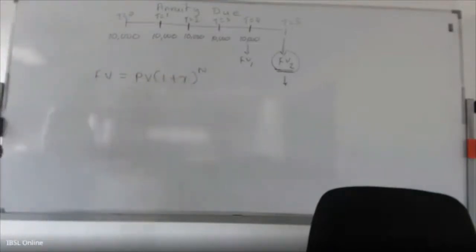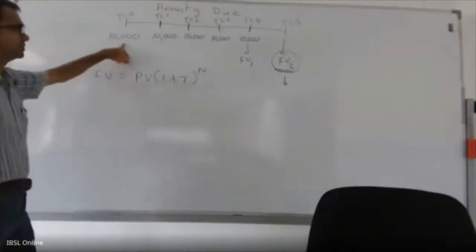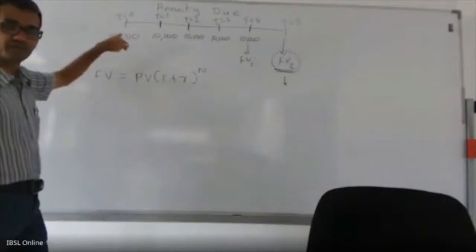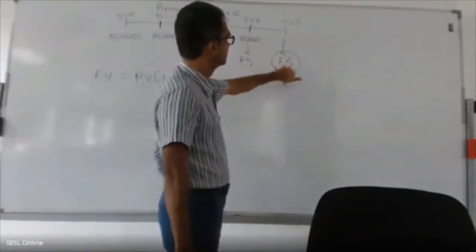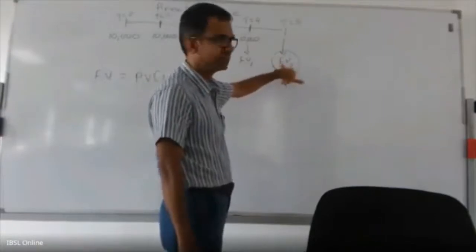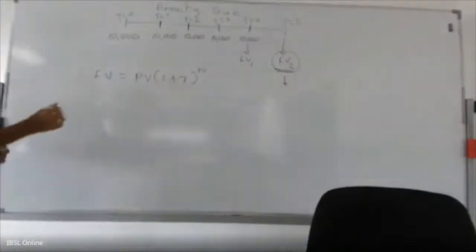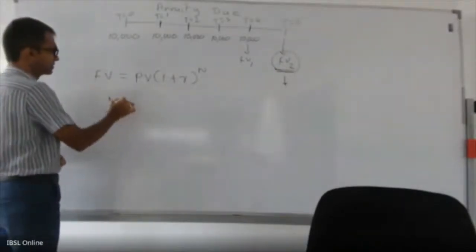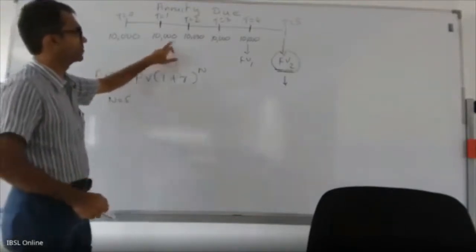If you have to calculate the future value of the very first cash flow as at the end of the 5th year, then we have to take n as 5. Correct? Then for this one, 4, likewise.